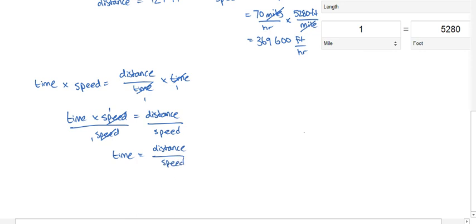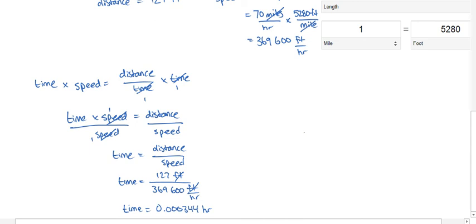Now I can substitute in the values I know. So time is equal to 127 feet, which is distance, over 369,600 feet per hour. My feet will cancel out, and I'm left with time is 0.000344 hours.